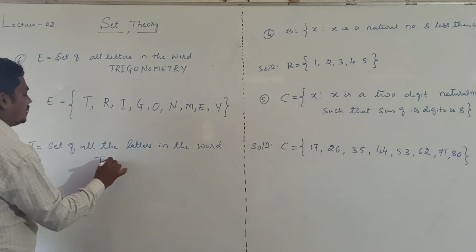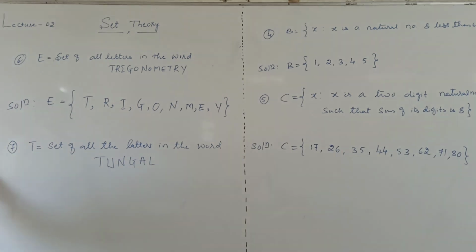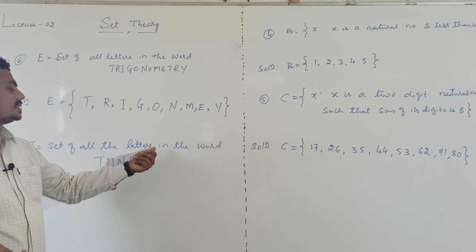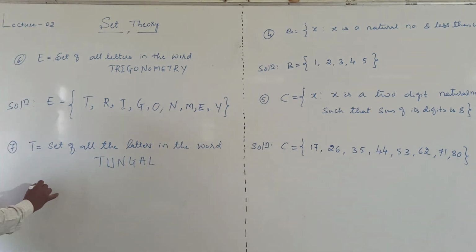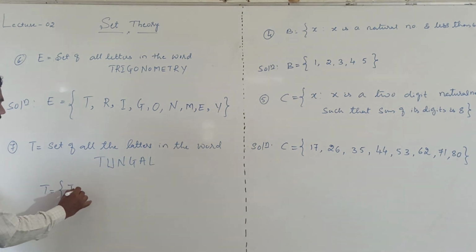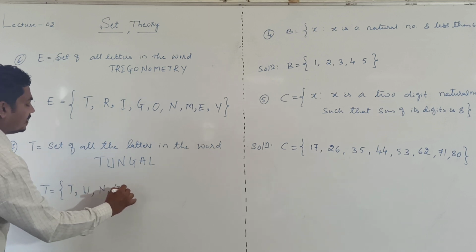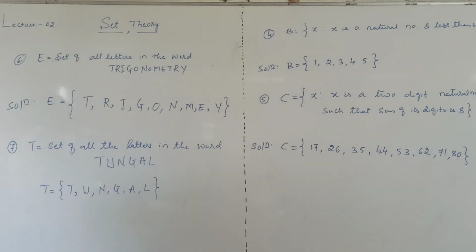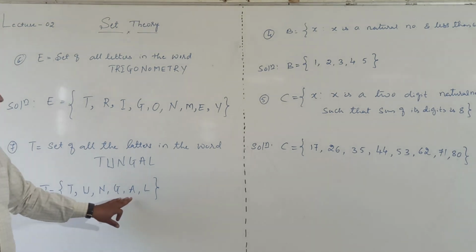Write all the letters in the word in roster form. Write distinct elements: T, U, N, G, A, L. In this word, clearly all the letters are distinct. T, U, N, G, A, L.